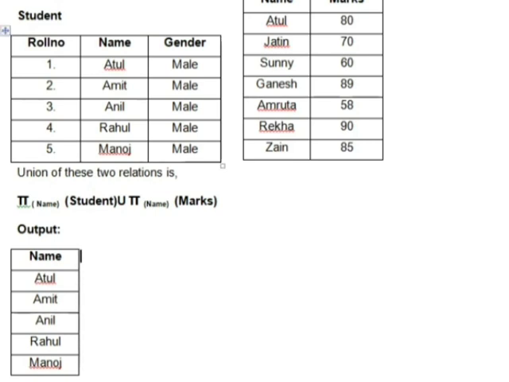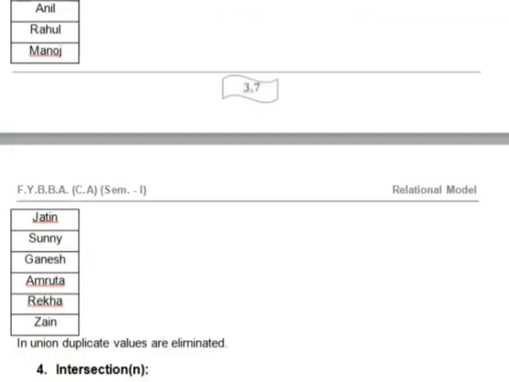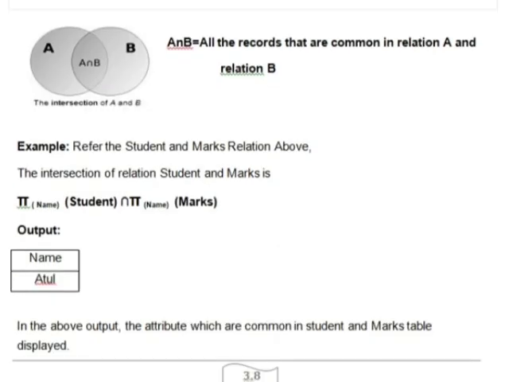If we want to find the intersection of the names in student and marks, we write pi name student intersection pi name marks. It will give us the attribute which is common in the student and marks tables. For example, the output here is only Atul.